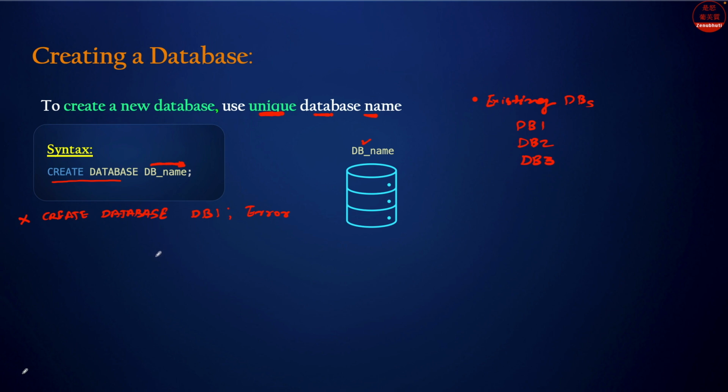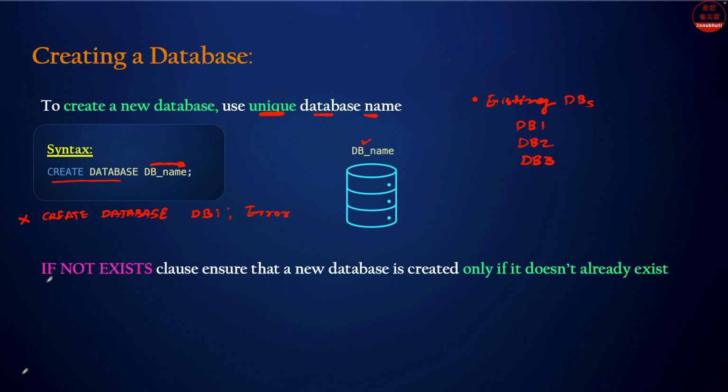So to avoid the conflict and propose a wise solution, we can use the if not exists clause. It will ensure that the new database is created only if it does not already exist.